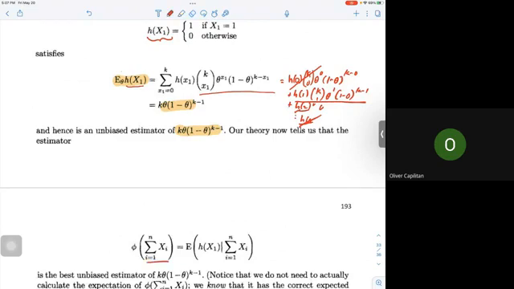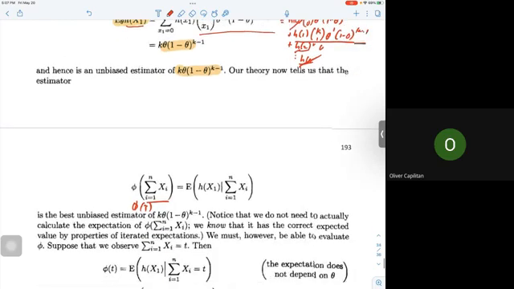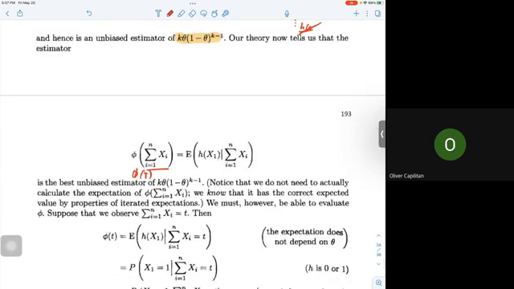The function of a complete sufficient statistic, ito yun sa ating theorem, T kasi ito, would be equal to, it is the best unbiased estimator of its expected value. That's according to our theorem.